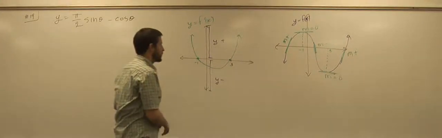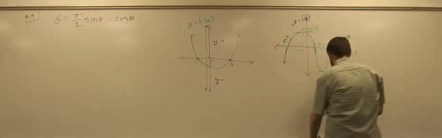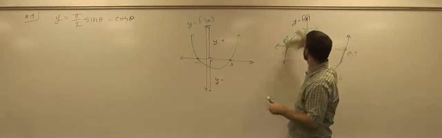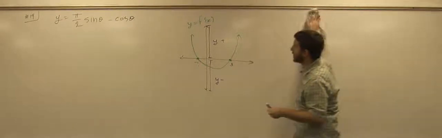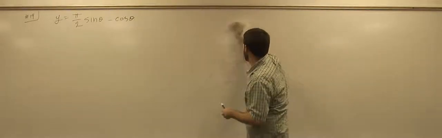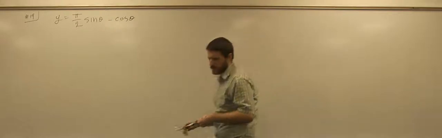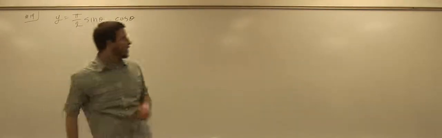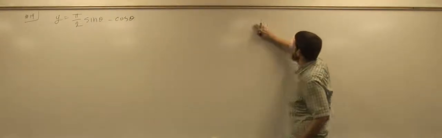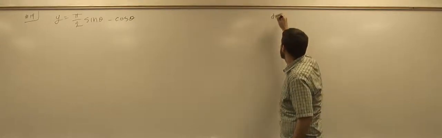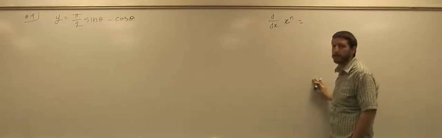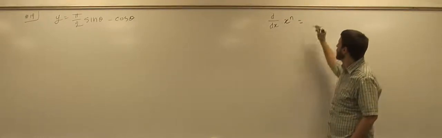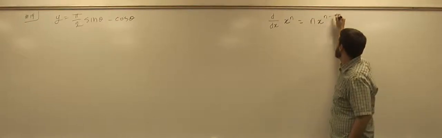Remember your differentiation rules? Pull out the pi over 2, cosine theta, sine theta. So there's a couple. Just as a refresher, this isn't super useful in this problem, but as review: if you take the derivative of x to the n, what do you get? n x to the n minus 1.